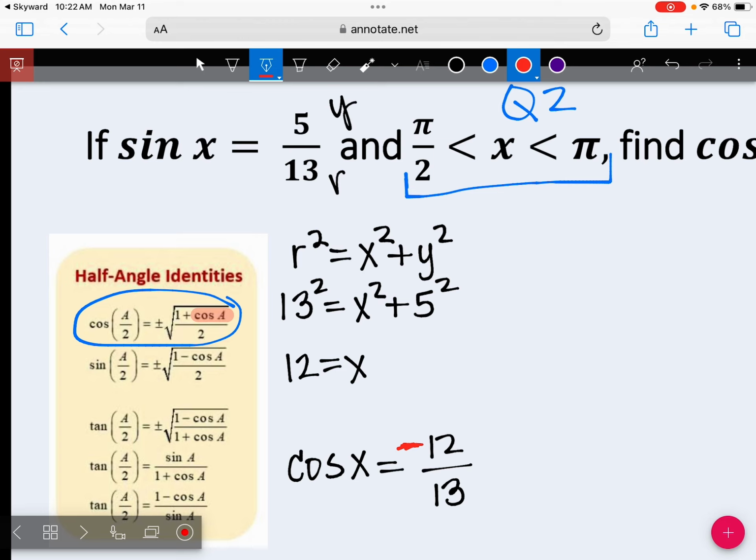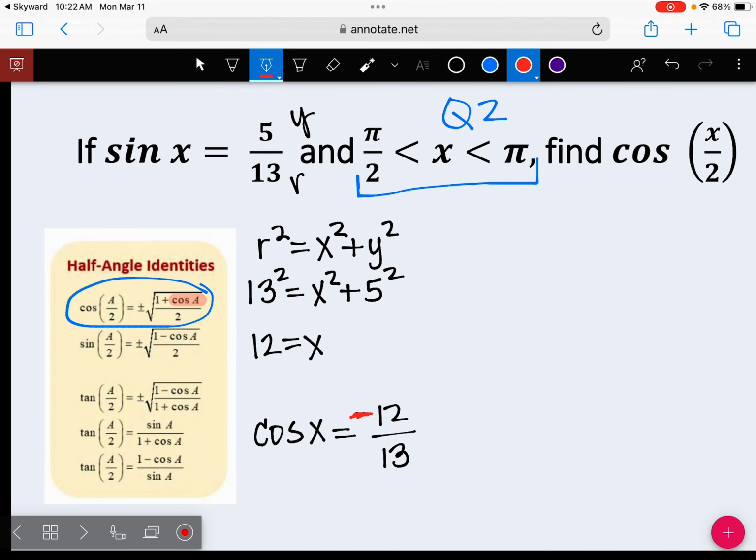And now we're ready to just follow the identity. Now, I don't know where theta is per se, but I know that the angle is in quadrant 2. So we're just going to follow along and use our identity.